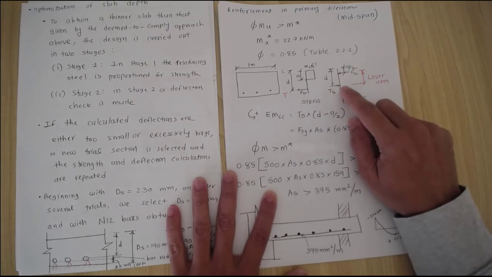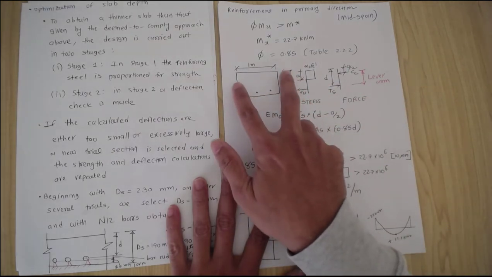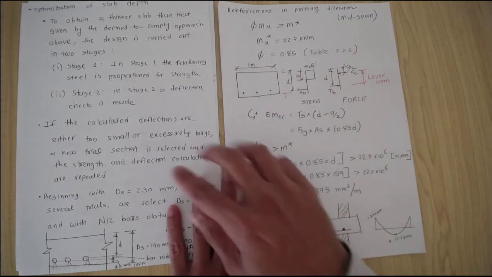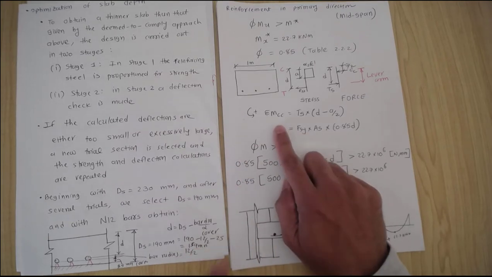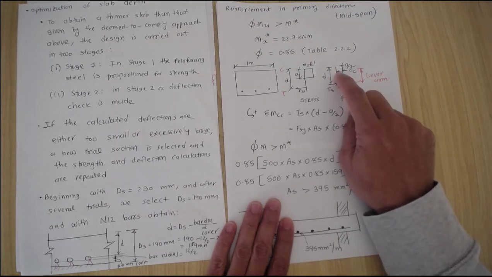Now if I'd like to find the moment capacity for this 1 meter wide slab strip with the small d value of 159, we calculated previously. This is under pure bending, so in that case, we can take the moment at any point. We take the moment at the point where you have the compression force in the concrete.